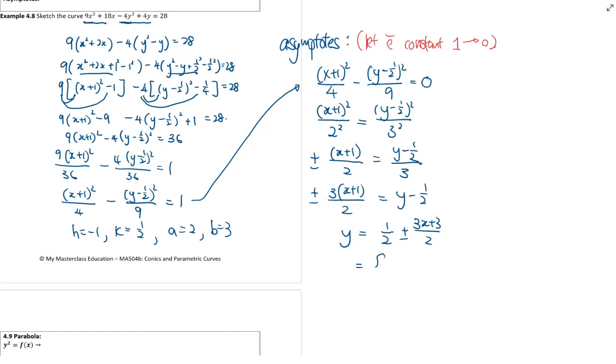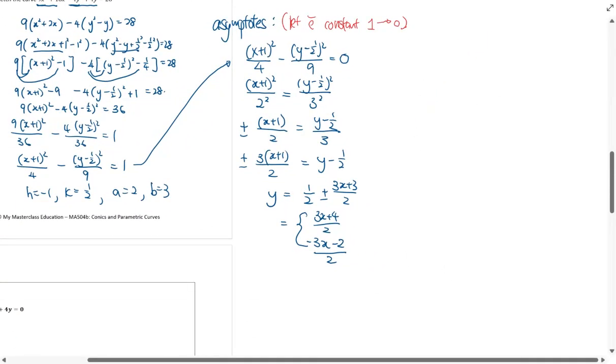When you want to write 2 components, this is 3x plus 4 over 2 as well as minus 3x minus 2 over 2.